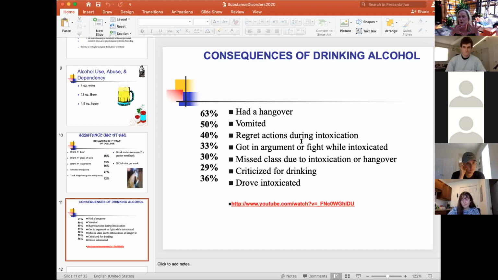I'll give you a little bit of history about ASU. We used to be in Boone, a dry county. You could not even get a beer at a restaurant in Boone. And then it was only within, I think, the last 10 years that we were able to get liquor and wine in Boone.